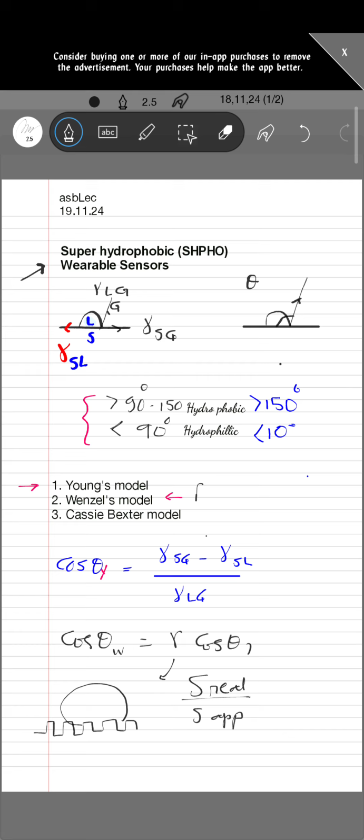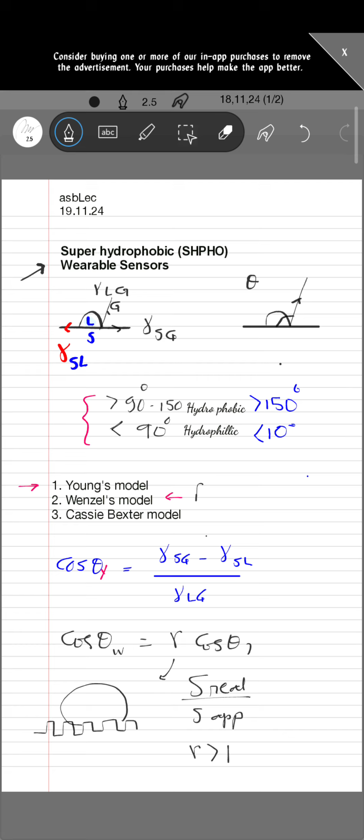And usually if this roughness is more than one, it means the real contact area is more than the apparent contact area. Now, this roughness can be already present on the surface or can be due to microstructures on the surface.